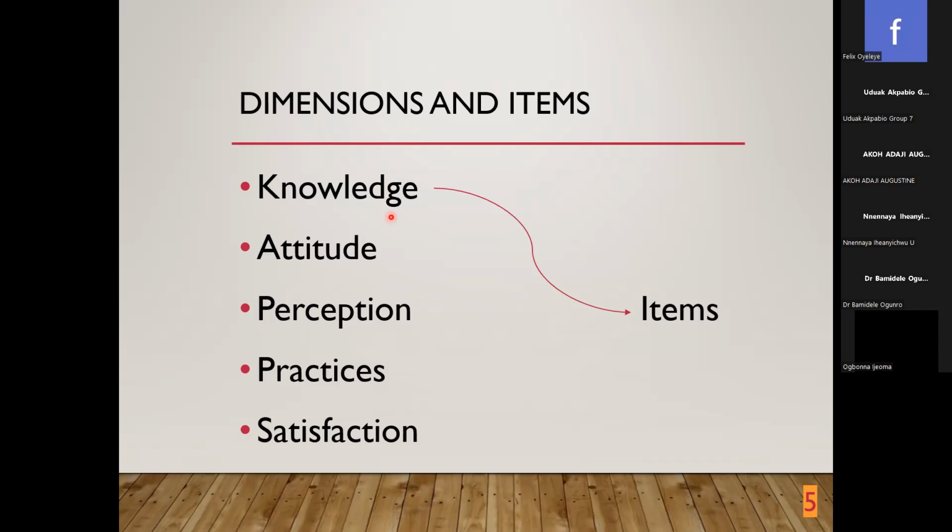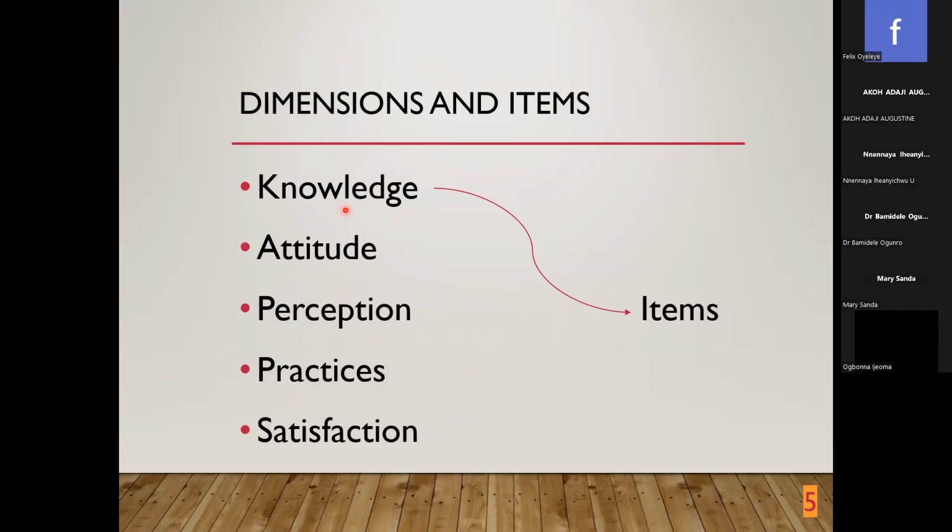So knowledge there is a dimension, attitude is a dimension you want to measure, perception is a dimension, practices, satisfaction, these are dimensions. Now, when you begin to craft your question, for instance, you want to establish the knowledge of someone about protective measures against COVID-19, and you begin to ask basic questions.